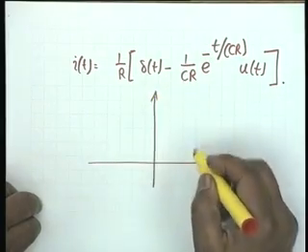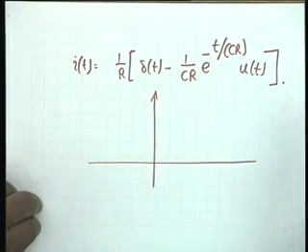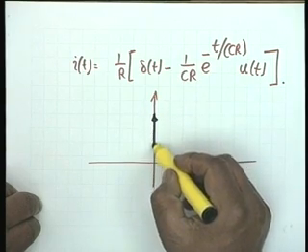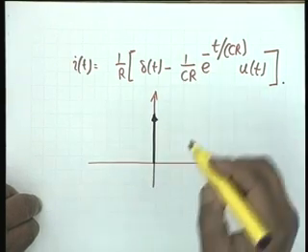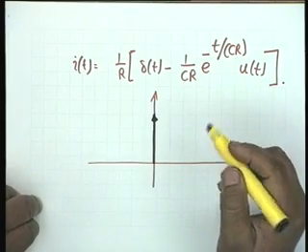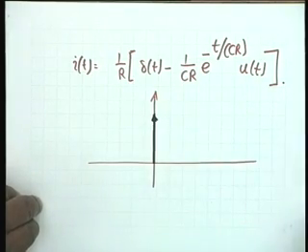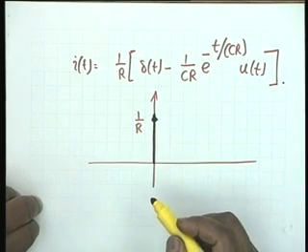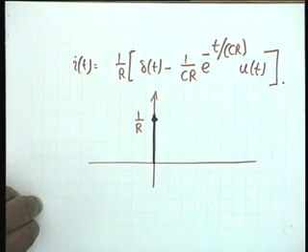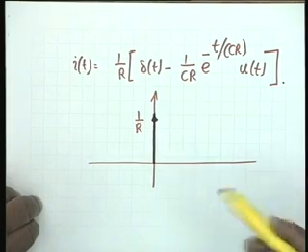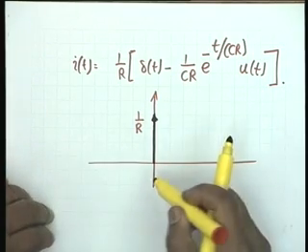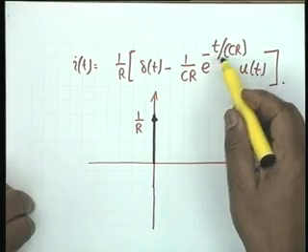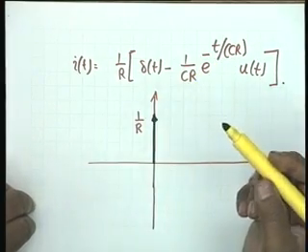If I plot this, then I shall have an impulse here, and an impulse is represented by an arrow with the strength of the impulse written by its side. The strength of the impulse is 1 by R, all right, and the second term obviously is negative to start with. At t equal to 0, it is minus 1 by C R squared.